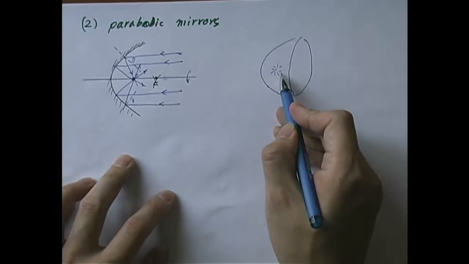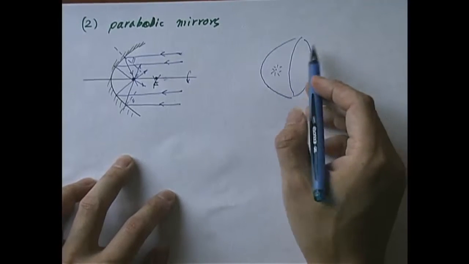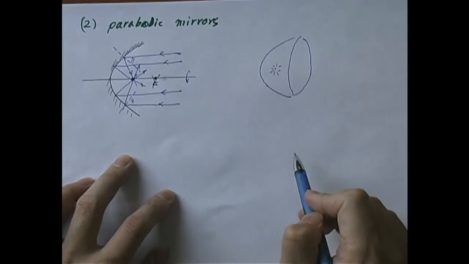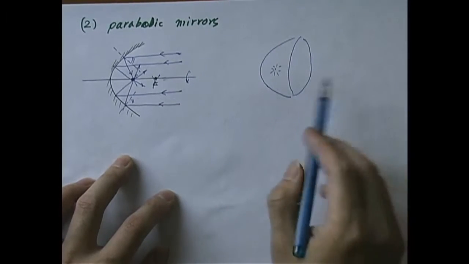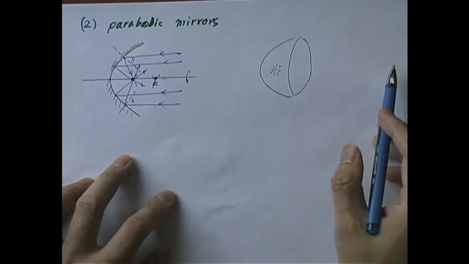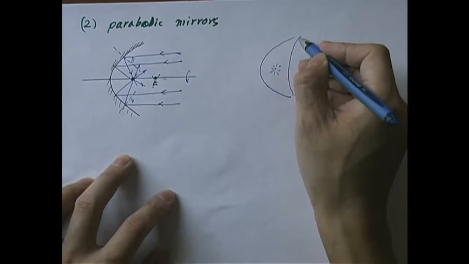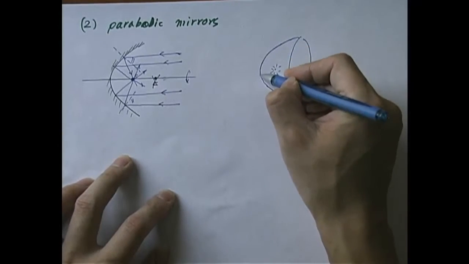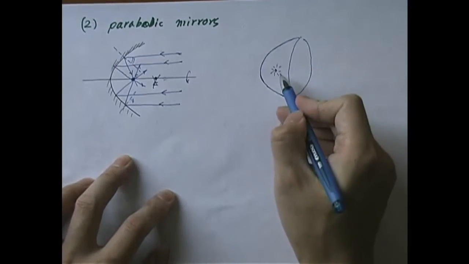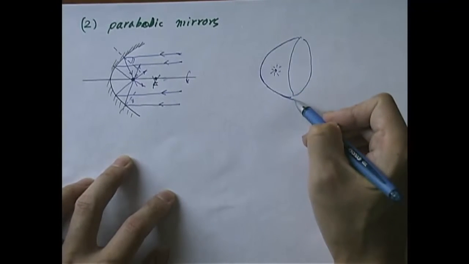It's just a point light, and if you don't have anything around it, it's going to emit light uniformly in all directions. But that's not what we want. We want light beams to be casting forward straight, right? So how do you achieve that? Quite simple. All you need to do is put a parabolic reflecting surface behind it. And where do you suppose you want to position the light source? Well, you're going to position it at a unique point, which is the focal point of this parabolic surface, right?